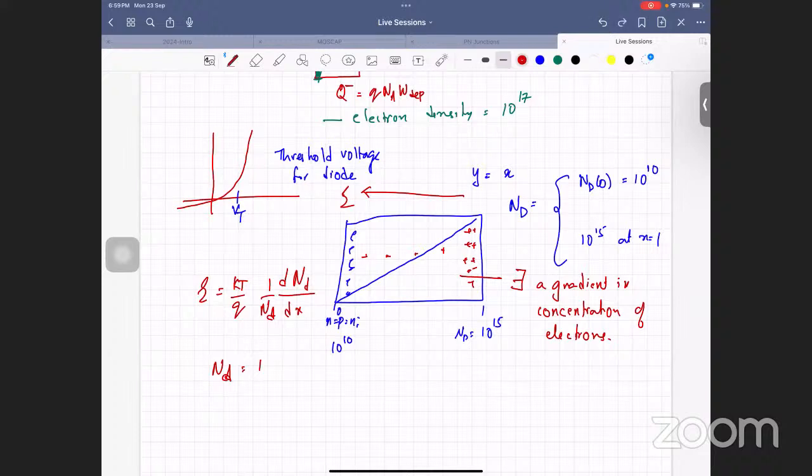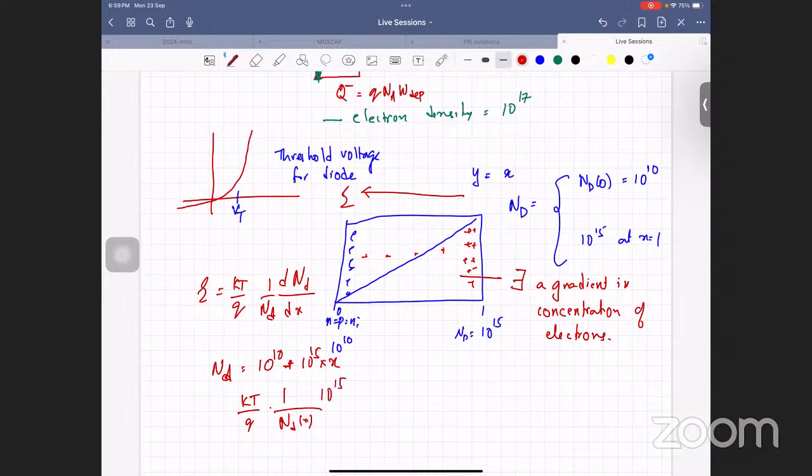Now, if you go back, our ND expression was ND equal to ND naught, that is 10 power 10, plus 10 power 15 into x. If you do this, you get an electric field of the form... It's kind of tricky here because you still get ND of x here. The electric field also is a function of position, into 10 power 15.